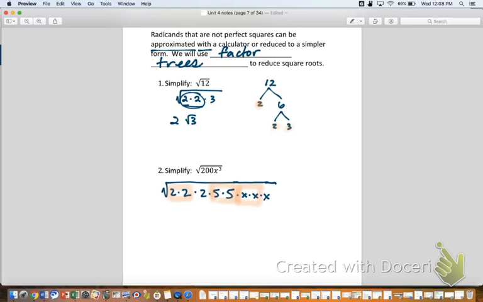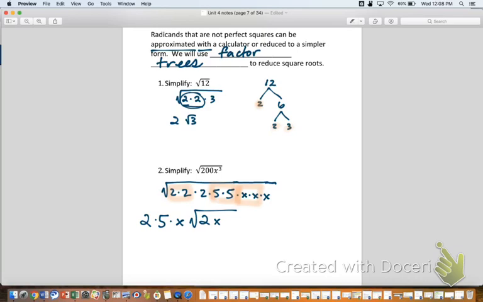And if you've got pairs of like factors, they come out as a single version of that pair. So these 2s would come out as a single 2, the 2 5s would come out as a single 5, and the 2 x's would come out as a single x. Inside the radical, you do have some leftovers: the 2 and the x.